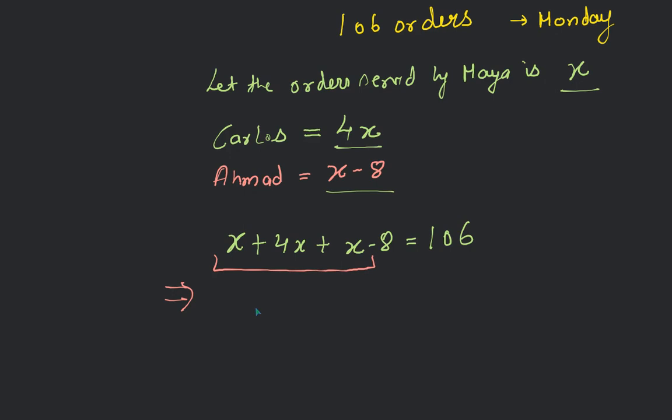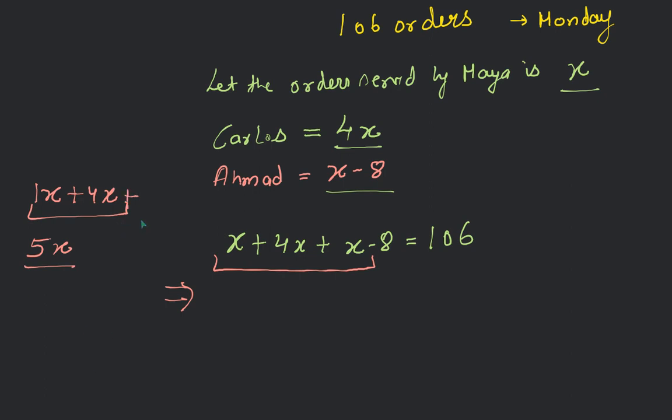How did you get 5x? If we add x plus 4x, since they are like terms, x means that it is 1x. So 1 plus 4 becomes 5, and we write the x as it is. I got it. Thank you.